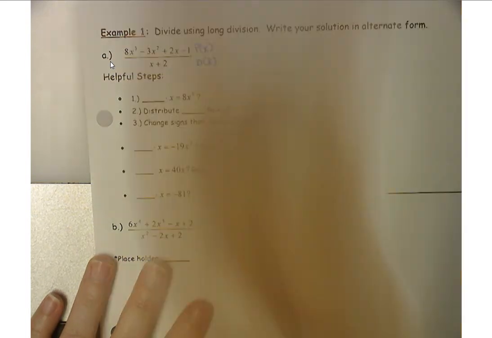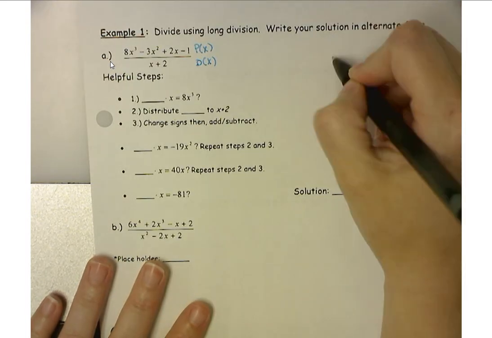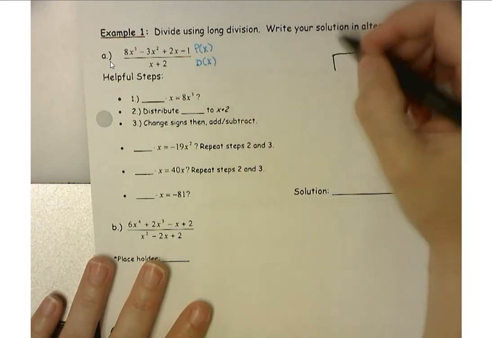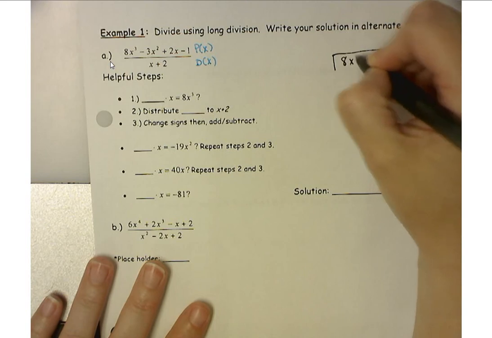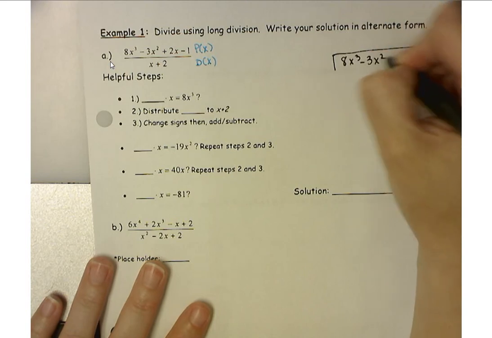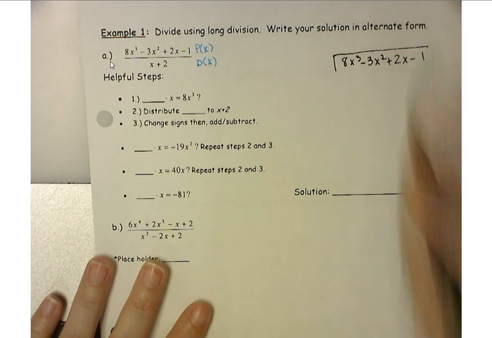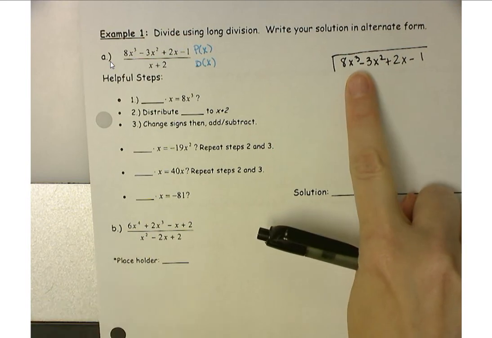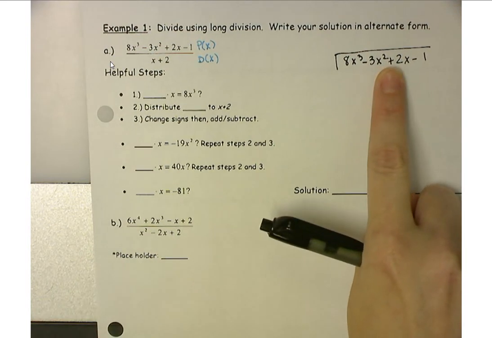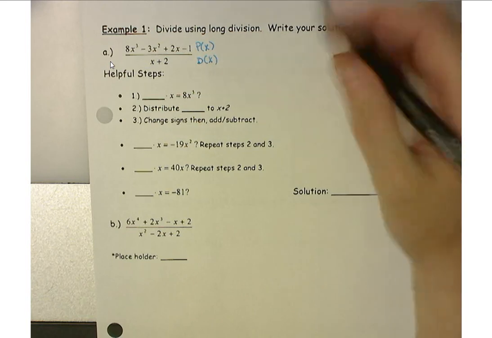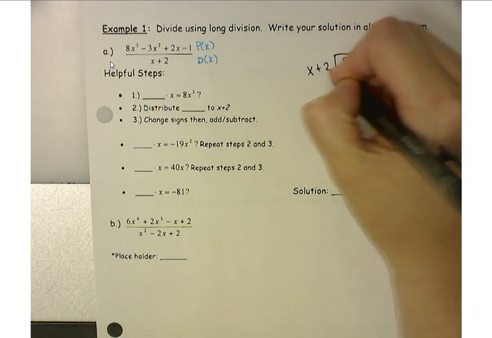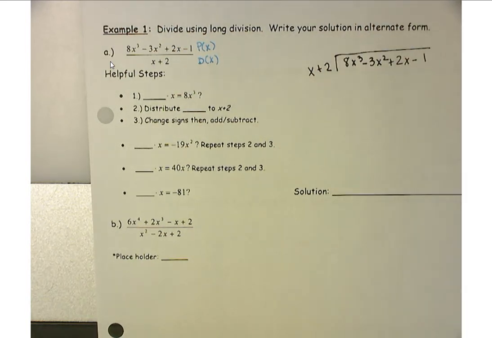So when you are setting that up, again, you need to leave room above. So I have 8x cubed minus 3x squared plus 2x minus 1. This is nice because I have an x cubed, an x squared, an x term, and a constant. I'm not missing anything. If you are missing something, you can put in a what? A 0 as a placeholder.